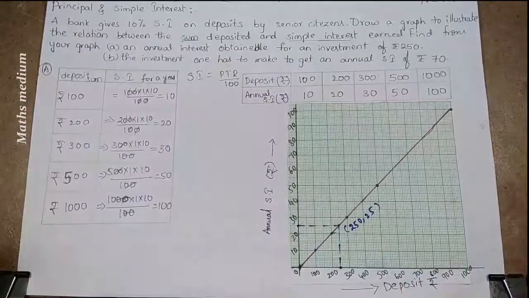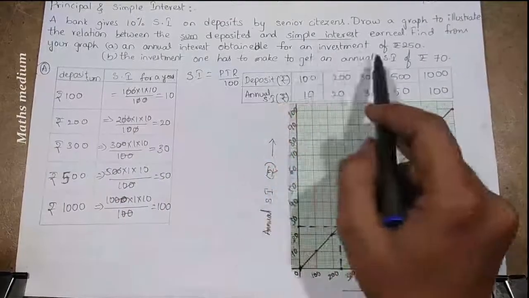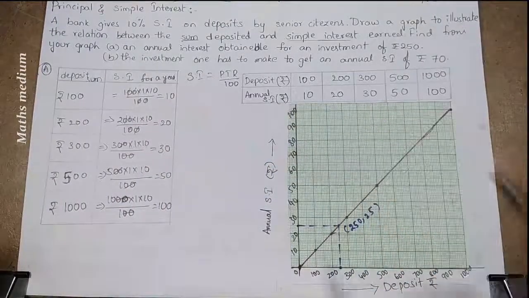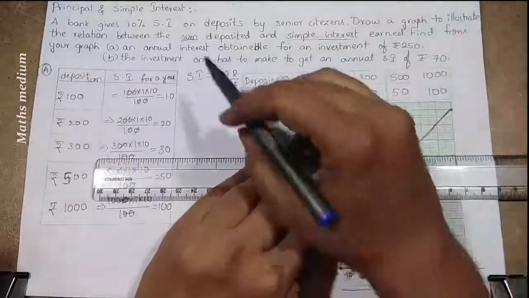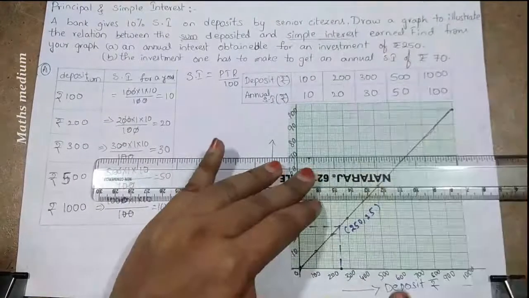Next, the investment one has to make to get an annual SI of 70 rupees. So SI of 70. Here they said annual interest obtained from investment, so from deposit.